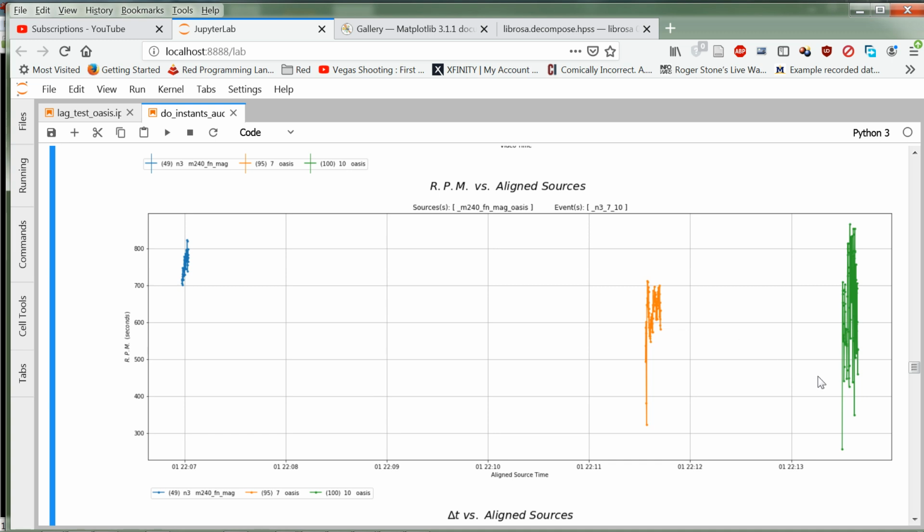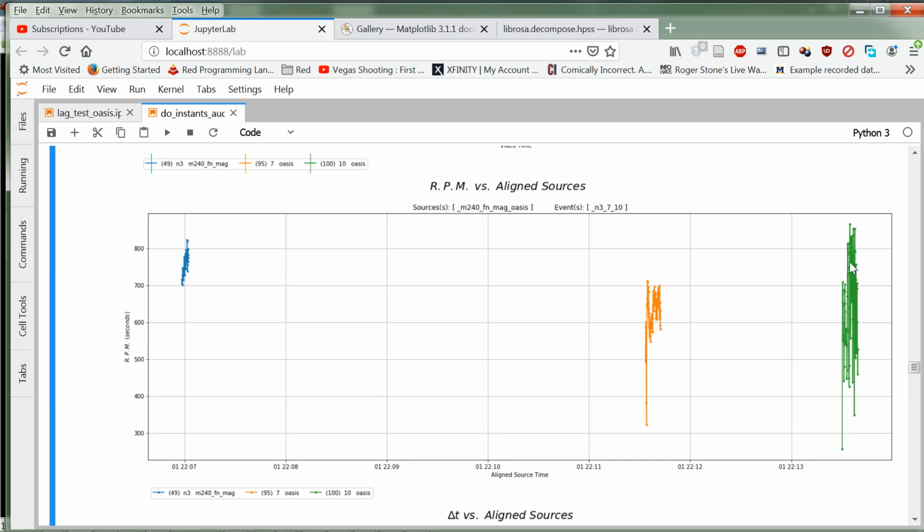Volley 10, on the other hand, goes crazy for the entire volley. It goes from over 850 to a low way down here of 250.